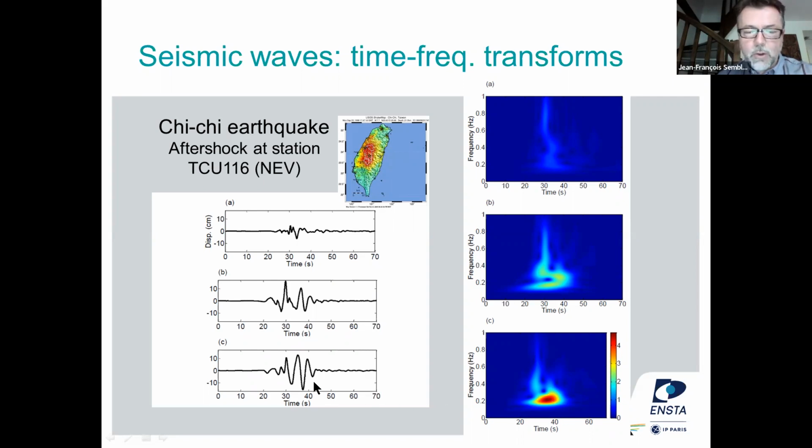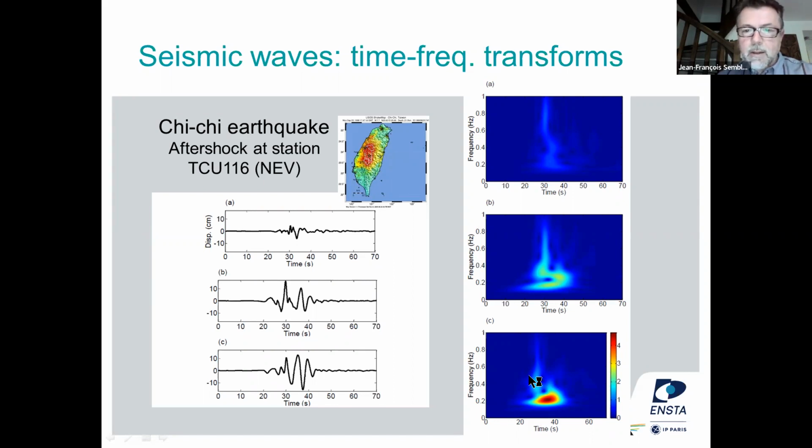We also have low frequency components here, but also higher frequency components here. These higher frequency components may be identified around 0.4 Hertz, in the time window between 25 to 30 seconds.